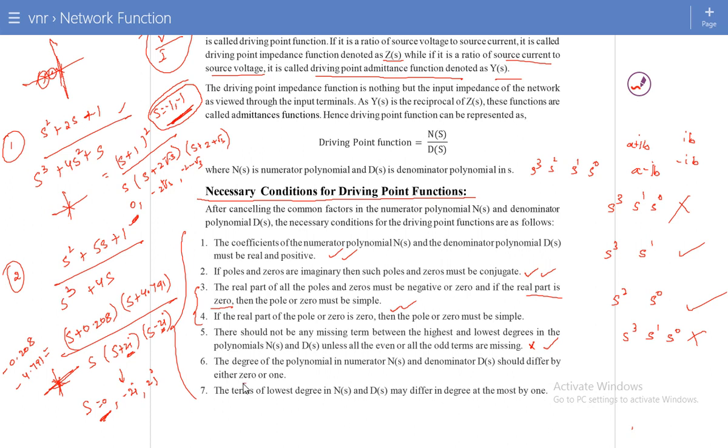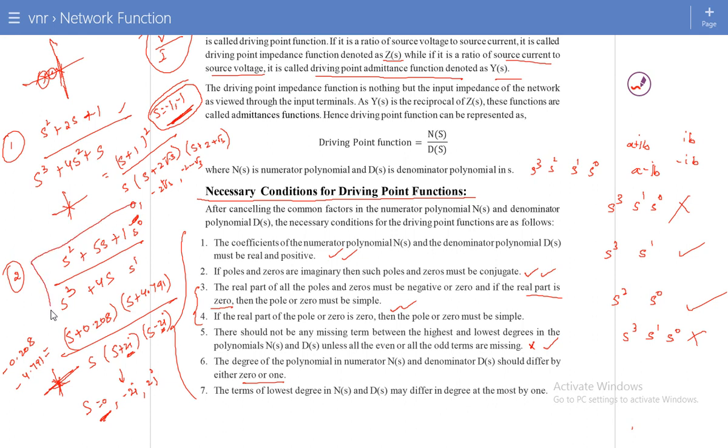So it can be 1 or 0, yes. The seventh: the terms of the lowest degree in N of s and D of s may differ in degree at most by 1. Here s power 0 is there, s power 1 is there, and the degree can differ at most by 1, it may be 0 or 1. So the sixth and seventh properties are also satisfied by the second function.